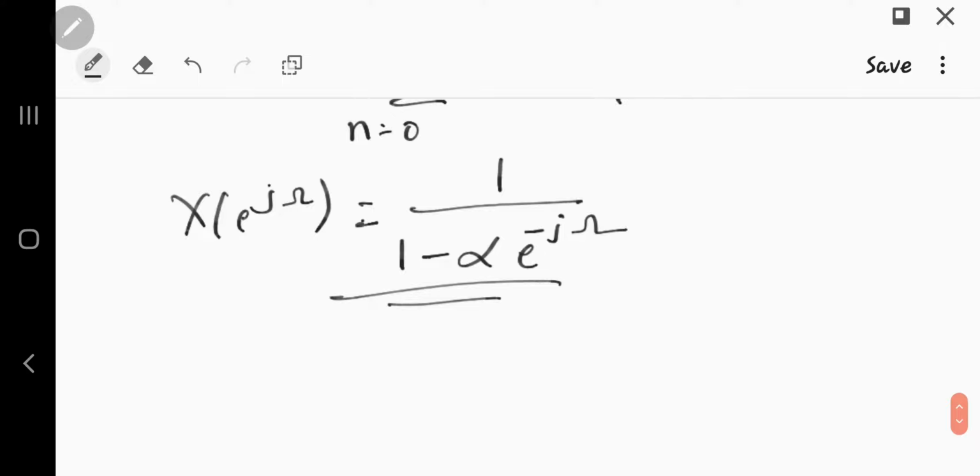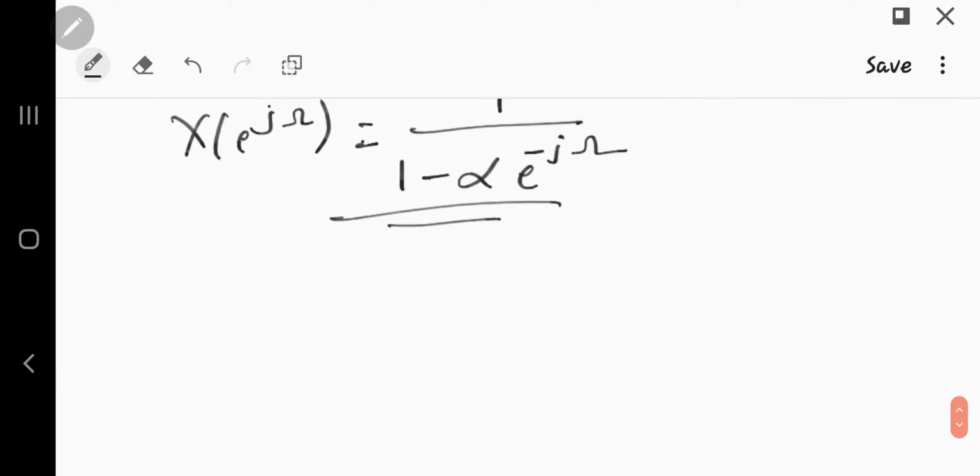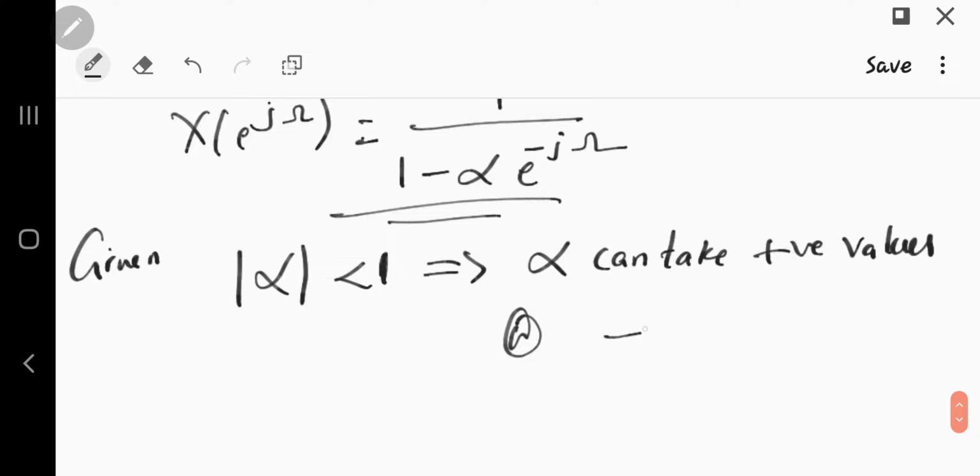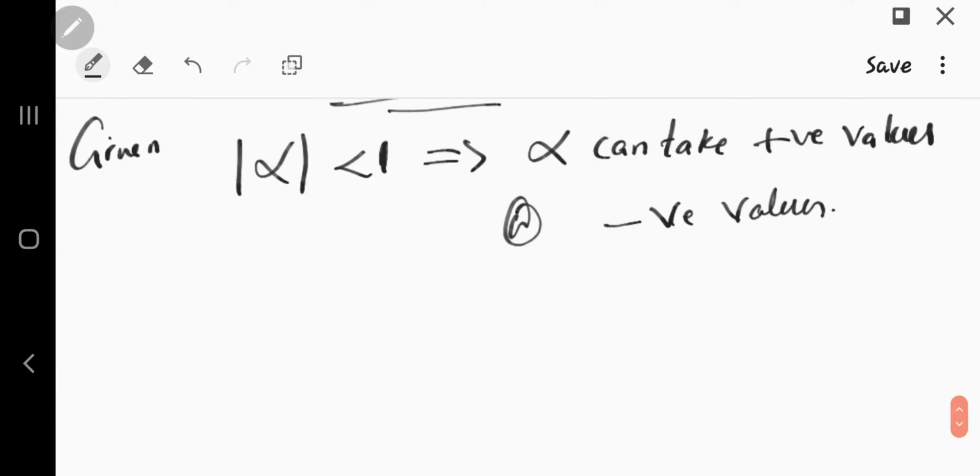Now, we have to plot the magnitude spectrum for this. Given that mod alpha is less than 1, that means alpha can take positive values or negative values. So, it can take positive value or negative value, we do not know. So, now the magnitude spectrum we have to represent for the signal in frequency domain.